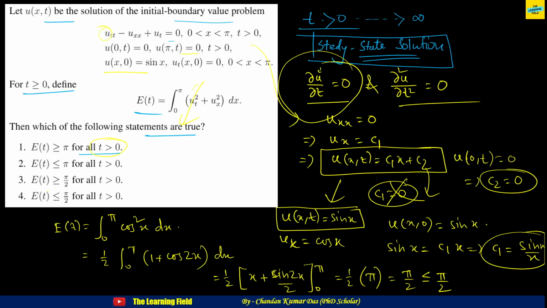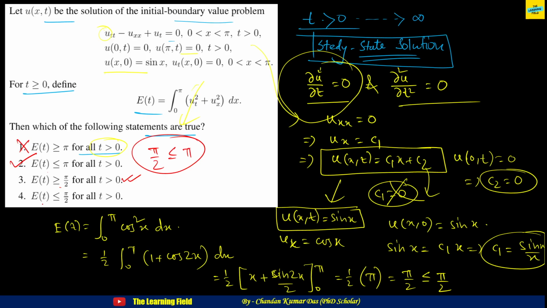The exact value pi by 2 is not greater than pi, so option 1 is incorrect. It is less than or equal to pi; yes, pi by 2 is obviously less than or equal to pi. This is correct. Greater than or equal to pi by 2: exactly pi by 2 is greater than or equal to pi by 2, so this can also be correct.